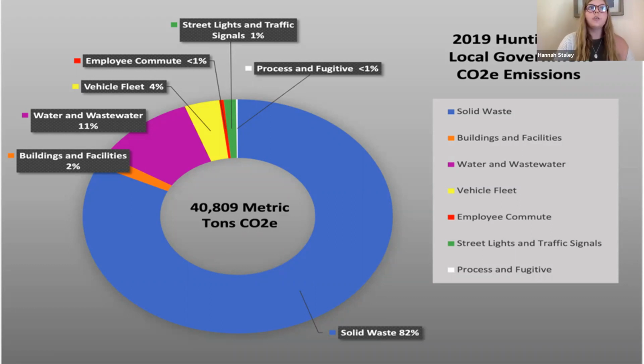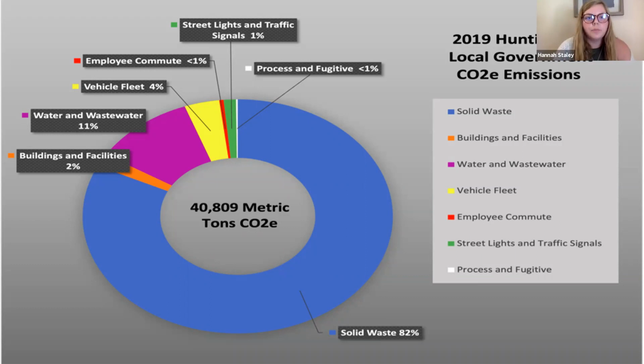When they do an inventory later on, they will see this change since the landfill did close in 2019. But again, this is going to be a really great baseline inventory that will show them what they are responsible for now and how they can change later on, especially how changing their landfill operations for the future.